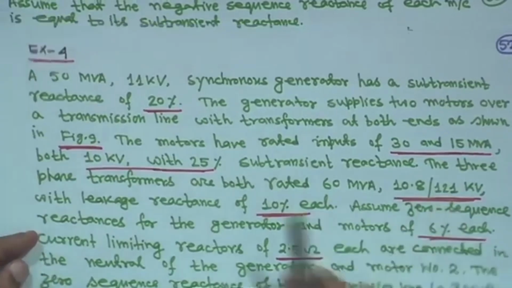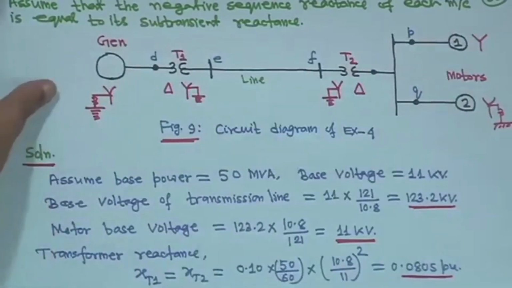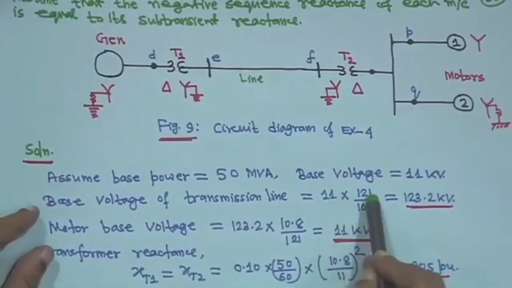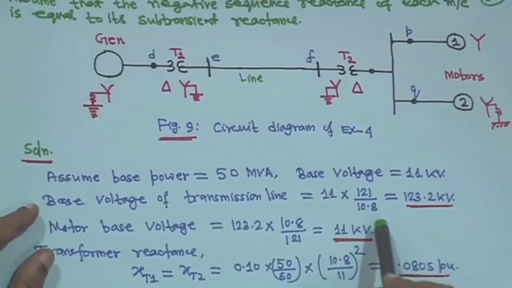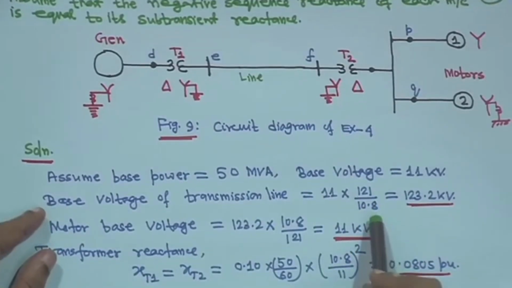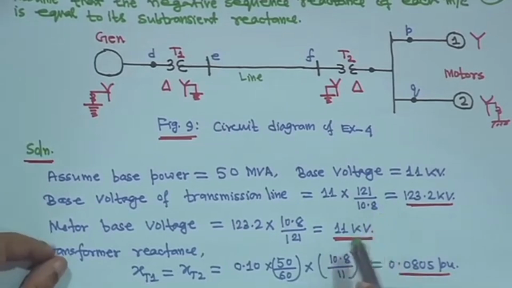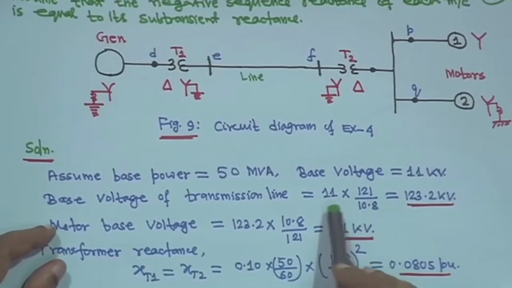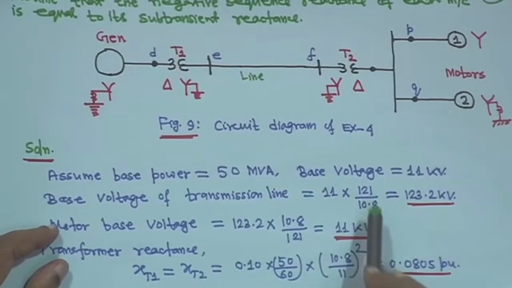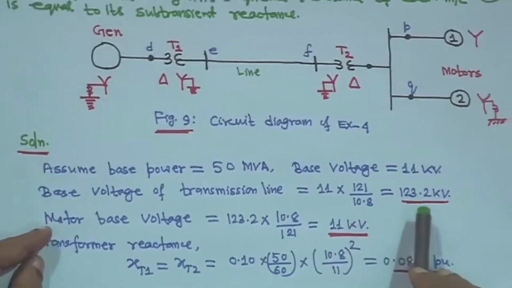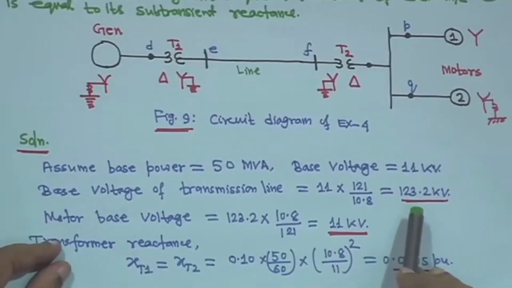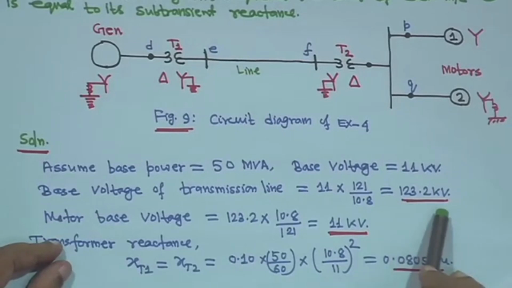So, that is why the base will change for the line side. So, the line base voltage is 123.2 kV.